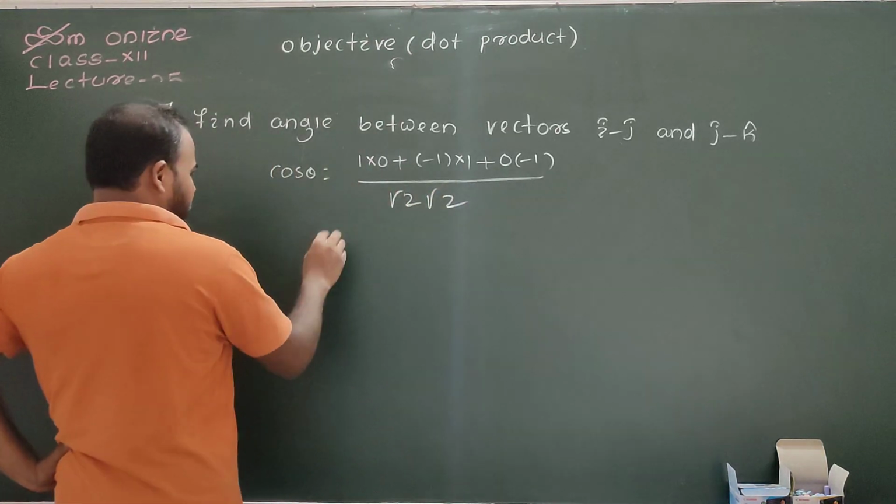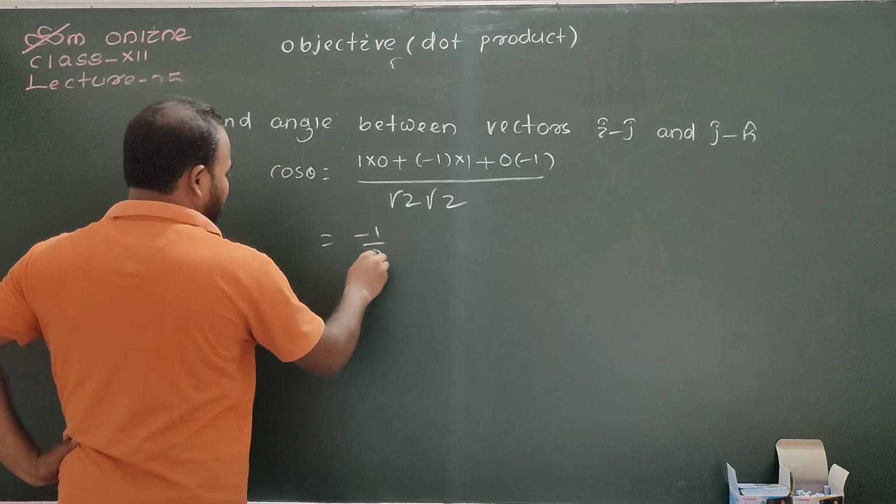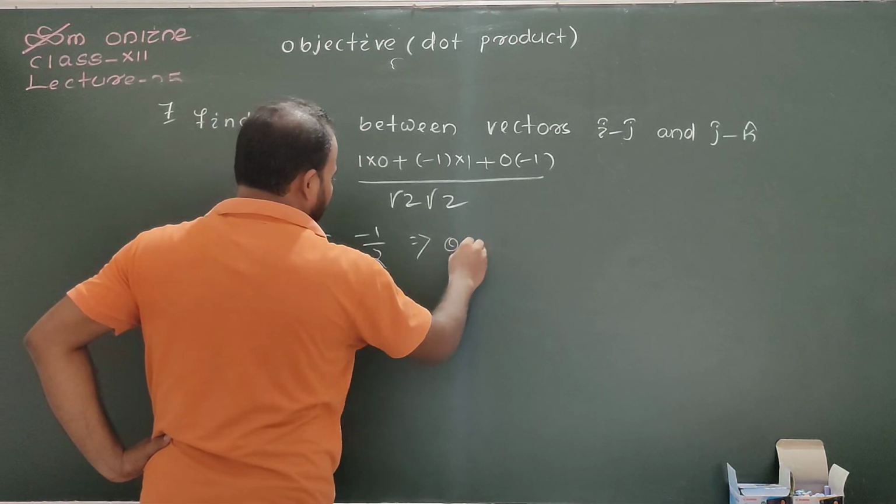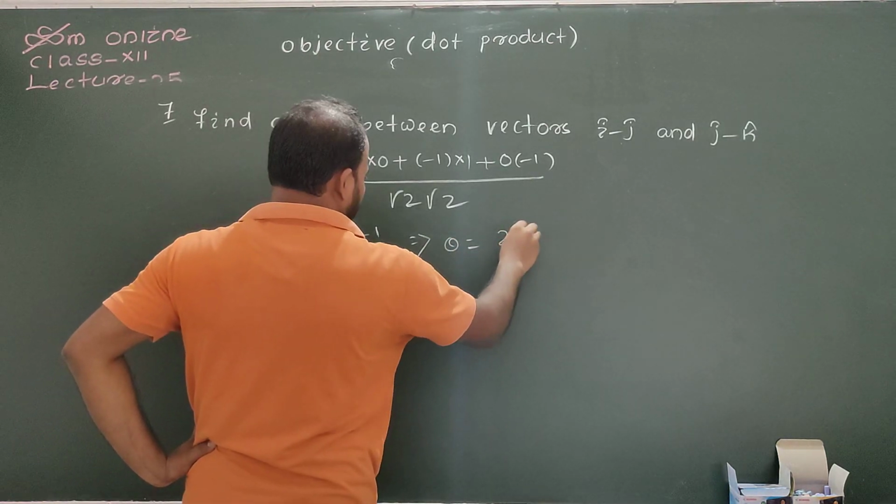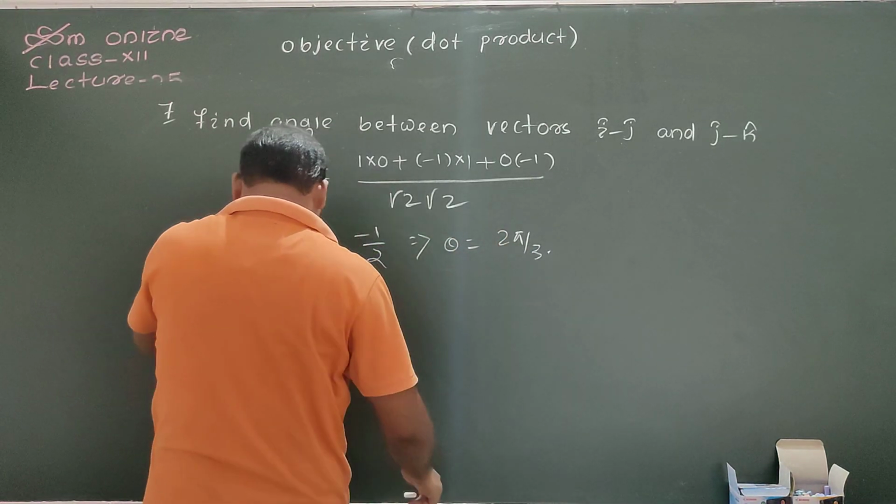So it is equal to minus 1 upon 2, which implies that theta equals 2 pi upon 3.